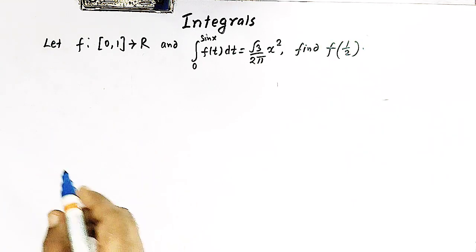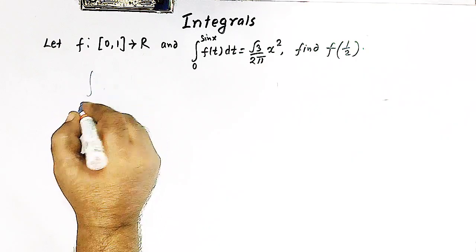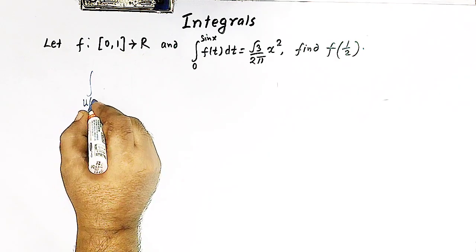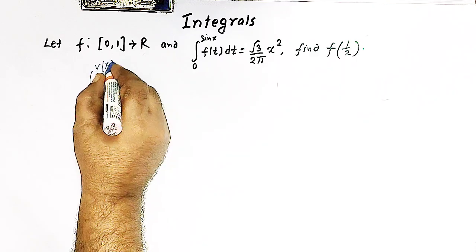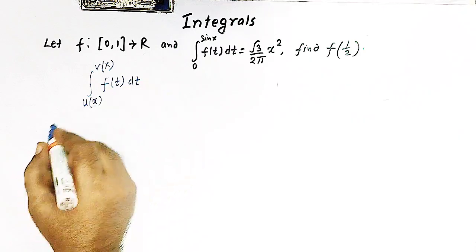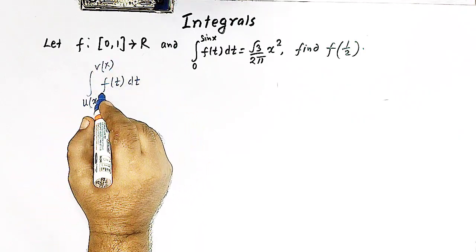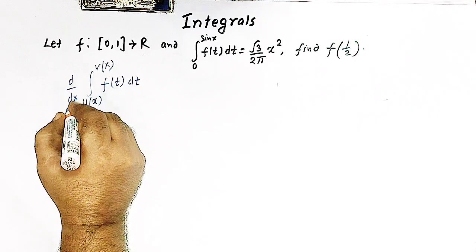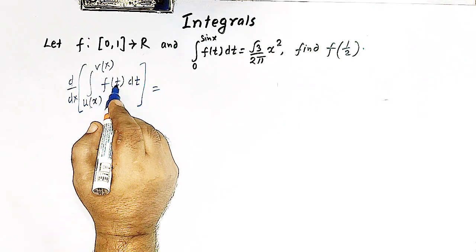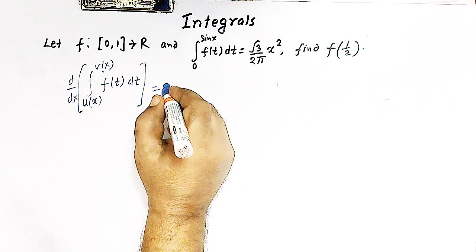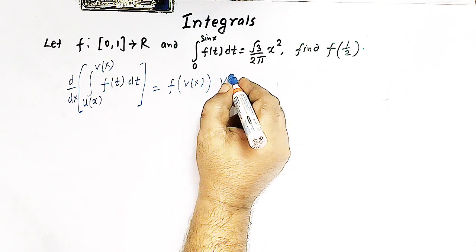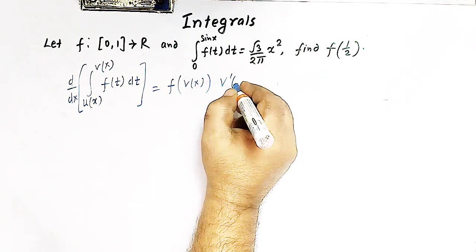Now, the Leibniz integral rule states that if we have an integral whose upper and lower limits are functions of x, suppose the lower limit is u(x) and the upper limit is v(x), with a function f(t) and dt, and we wish to differentiate this integral with respect to x, then first we replace t by the upper limit v(x), so we have f(v(x)), and then we differentiate v(x) with respect to x.